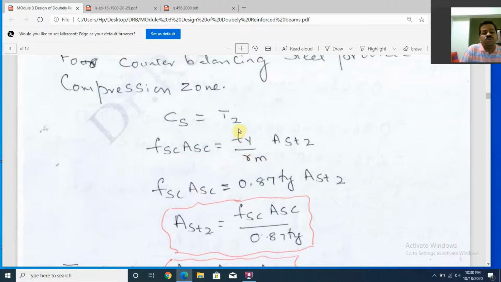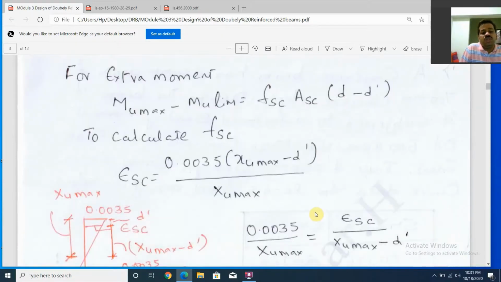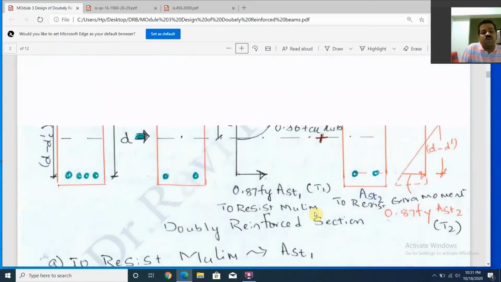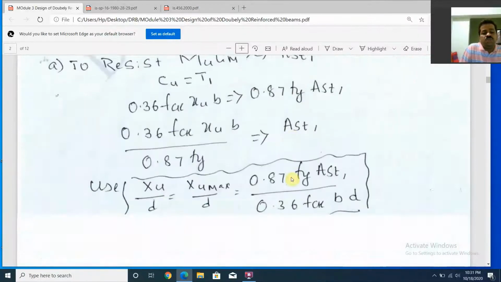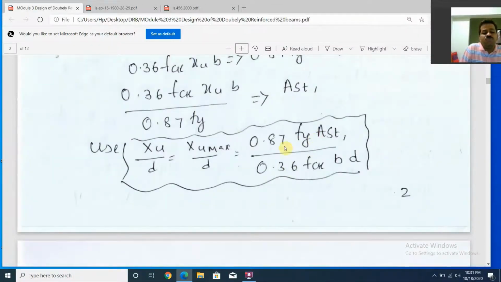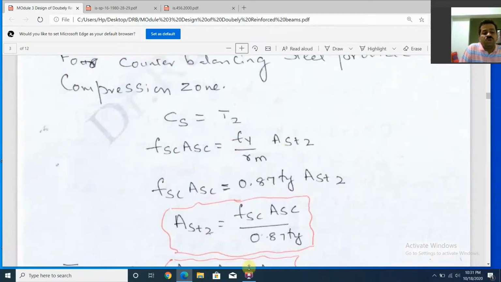If it goes to the numerator, I will get 0.87 fy AST2. So AST2 is equal to FSC ASC by 0.87 fy. The total steel provided in the tension zone is nothing but AST1 plus AST2. AST1 we have calculated using this equation, and AST2 is derived just now.